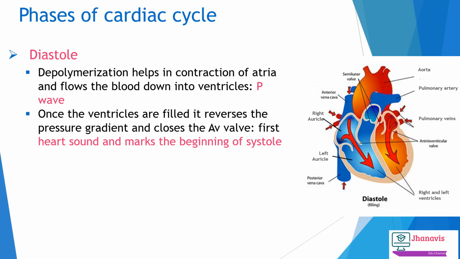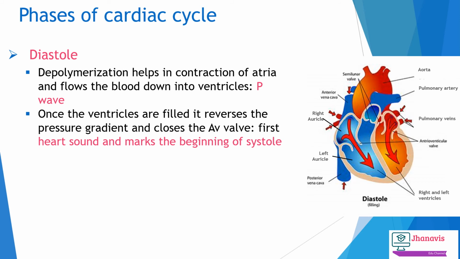This is the first part of the cycle, and when this happens, the first heart sound is heard. This is very important and this contributes to the P wave on the ECG. So when we go through the graph, we can easily see what a P wave is.